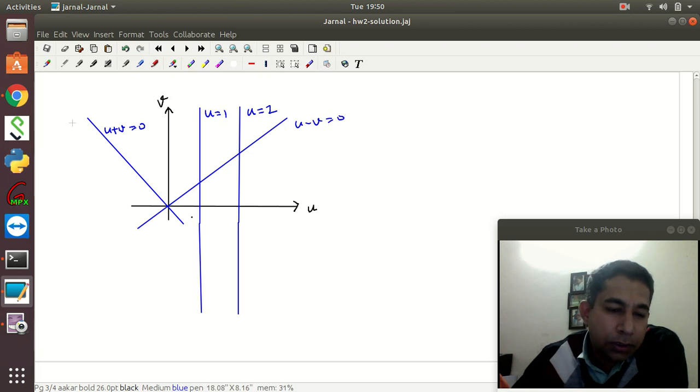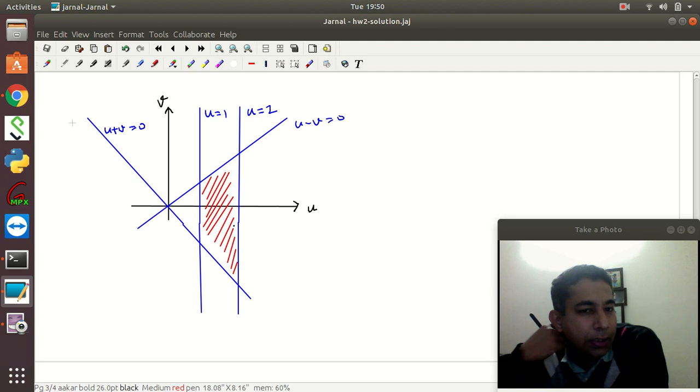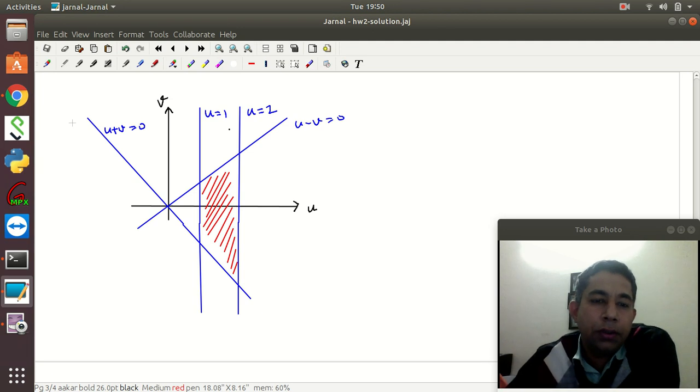Okay, and extend this particular line. Then we do see a trapezoid in between, right? Okay, so the same trapezoid which was there in the xy coordinate, in uv coordinates looks like this.